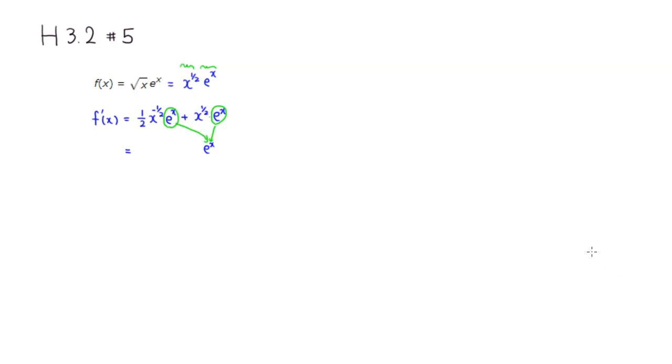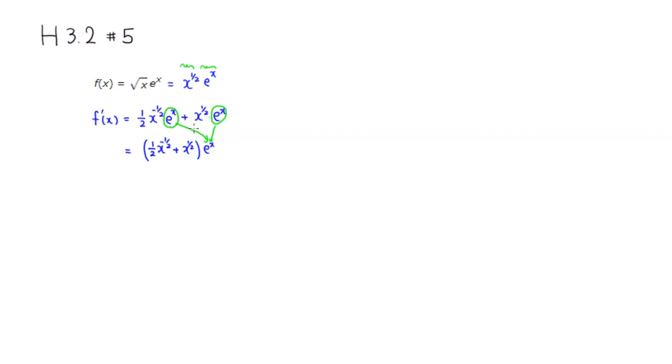Then we have this part right here, which, since we have to take another derivative, I'm not going to rewrite. So this is going to be 1/2 x to the negative 1/2 power, plus x to the 1/2 power. We have that.